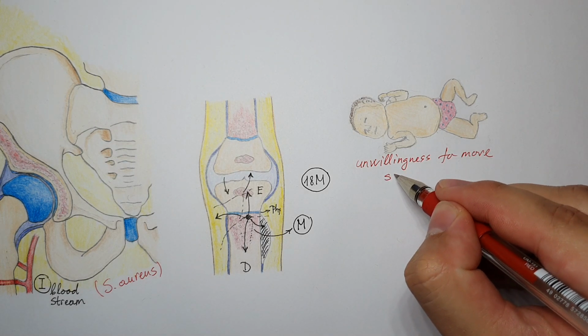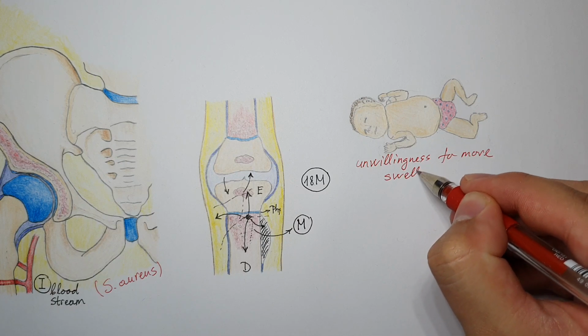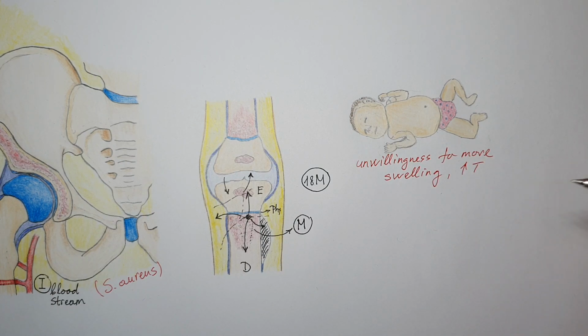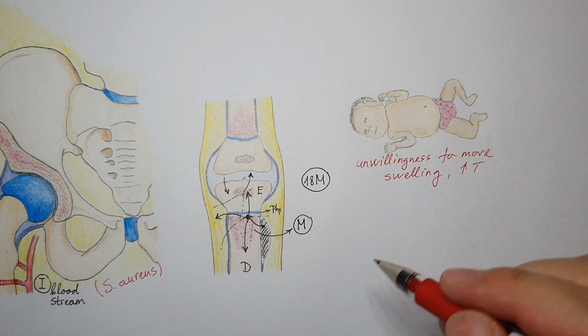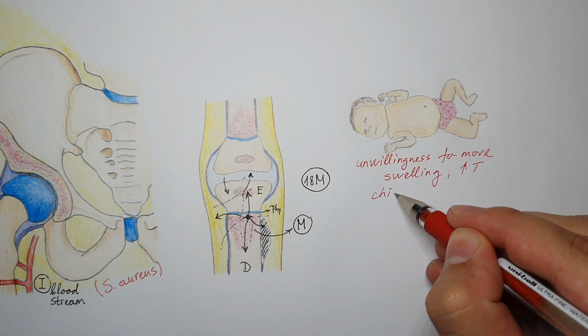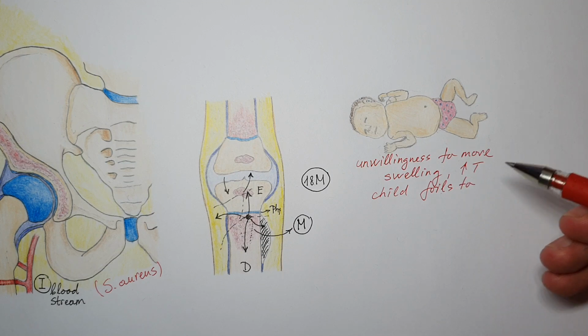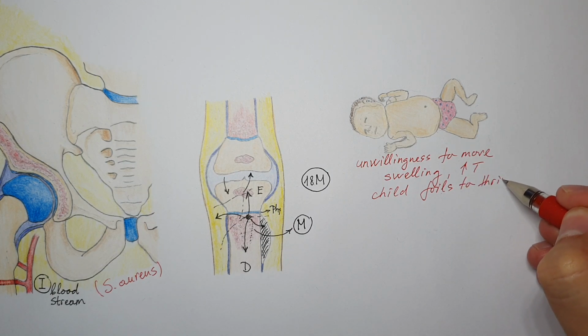Also local swelling, local rise in temperature are some signs, and in younger children also the child fails to thrive.